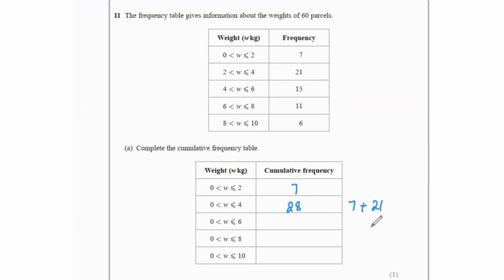Then the next would be 28 plus 15, which is 43. Then 43 plus 11, which is 54. And the last one would be 54 plus 6, and that's 60.